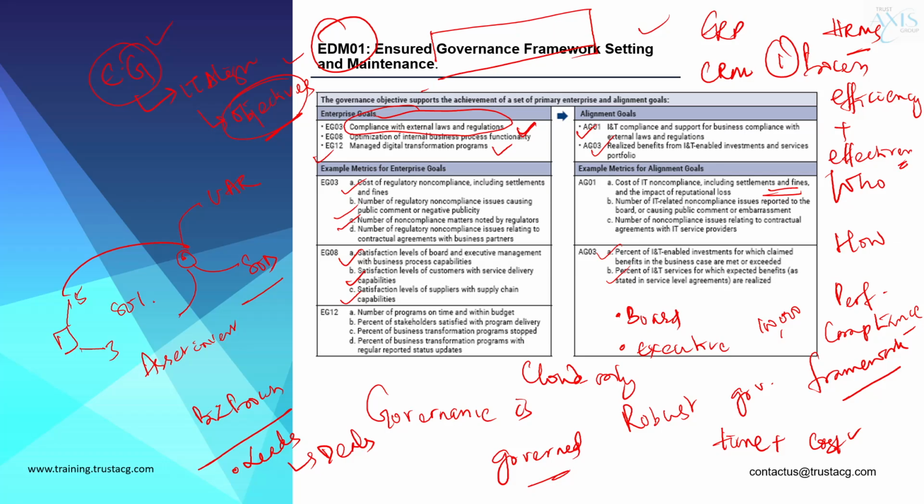Now, this particular alignment goal reinforces that a strong governance framework doesn't just manage compliance, it is also driving your value optimization from technology related investments, right? So, some of the key takeaways: your EDM01 aligns this particular governance objective where you are dealing with ensured governance framework, setting, and maintenance.